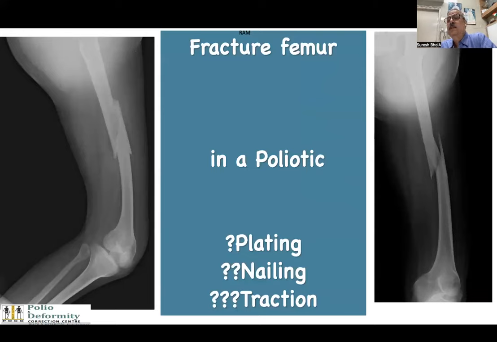If you know this methodology, Ilizarov, facts apart, dear friends, you can have lateral thinking as well. What does that mean? Lateral thinking means this is a fracture in a polio patient. You can plate it, you can nail it, you can traction or spica, anything.